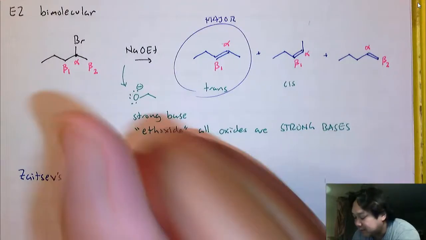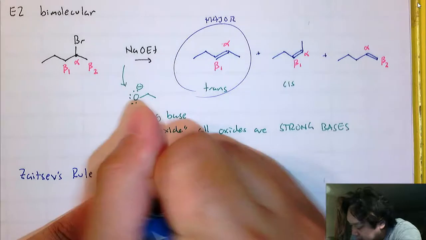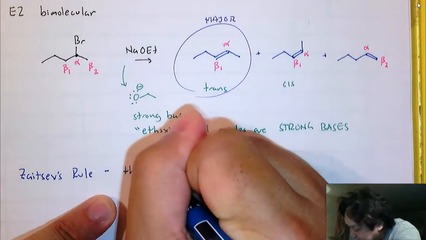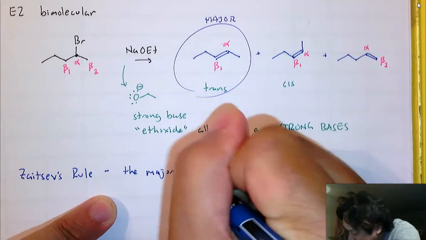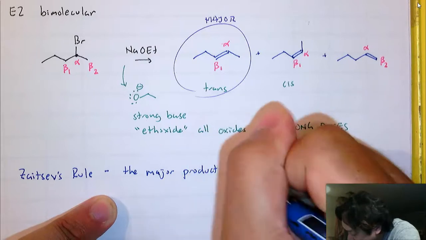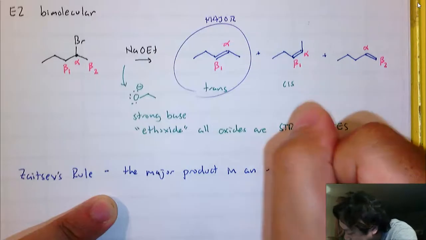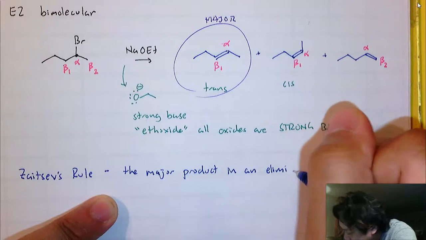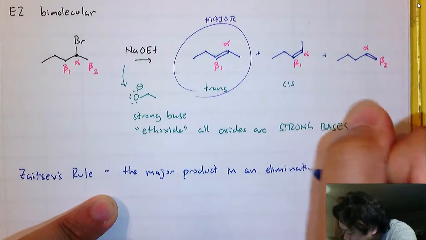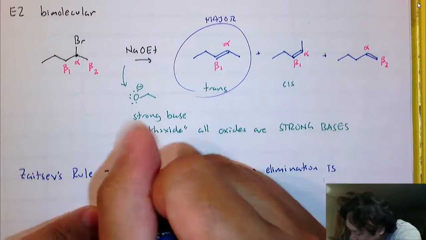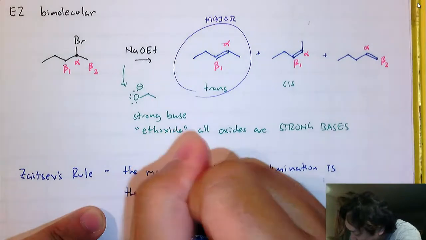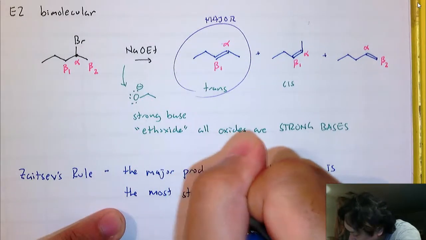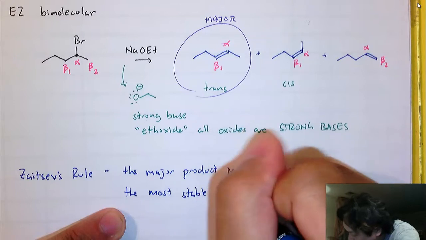And Zaitsev's rule clearly states that the major product in an elimination is the most stable alkene.